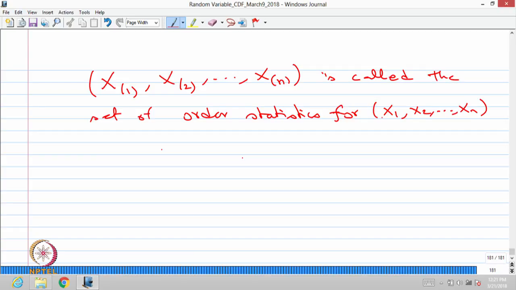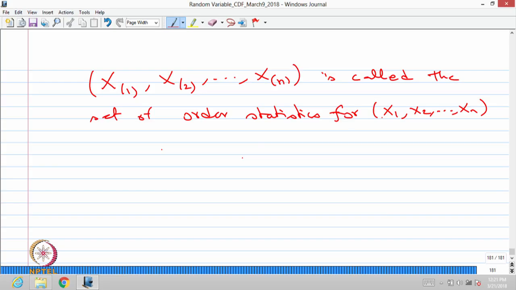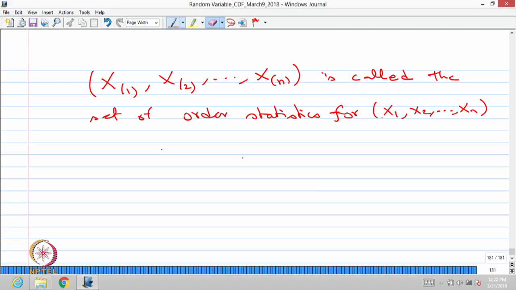So, from the given n-dimensional random vector, we are getting another n-dimensional random vector x bracket 1, x bracket 2 and so on, in which each x bracket k is a function of x, in which x bracket 1 is the minimum of all those random variables, and x bracket n is the maximum of n such random variables. This set of n random variables is called order statistics.